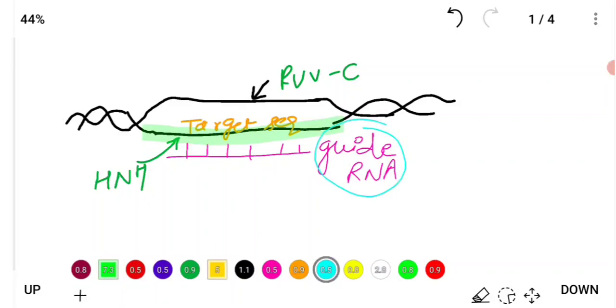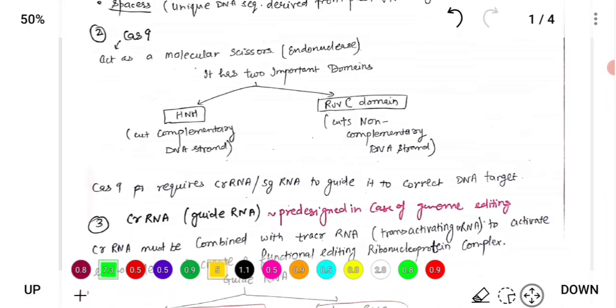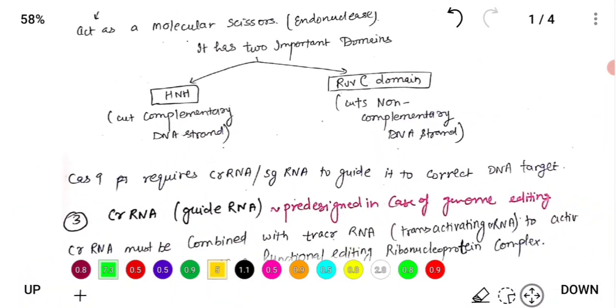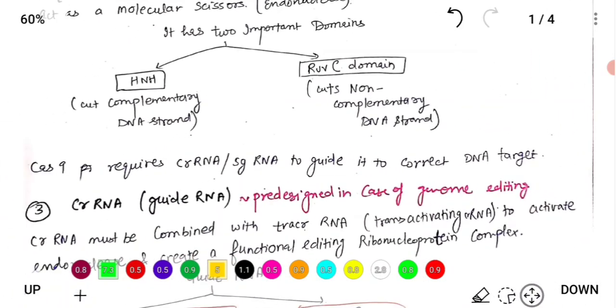The guide RNA has the complementary sequence to the target sequence. So HNH will cut the target sequence and RuvC will cut the opposite strand. So that is what is written here, that HNH will cut the complementary DNA strand and the RuvC domain will cut the opposite strand. Cas9 cannot locate by itself where to cut.